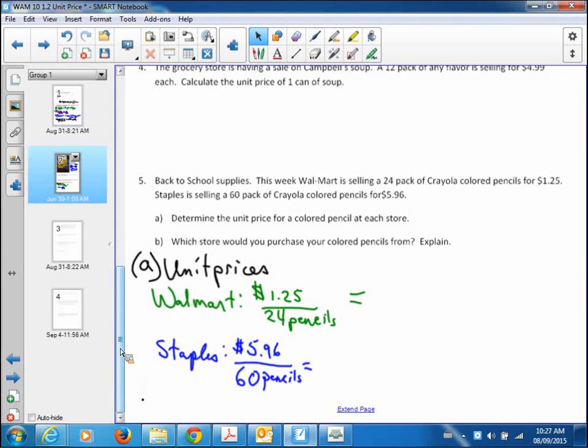Okay. We can round this one off too. 0.05, so 5 cents per pencil at Walmart.